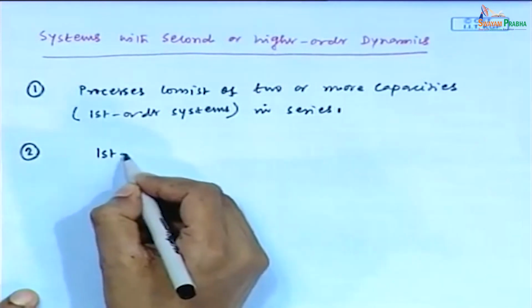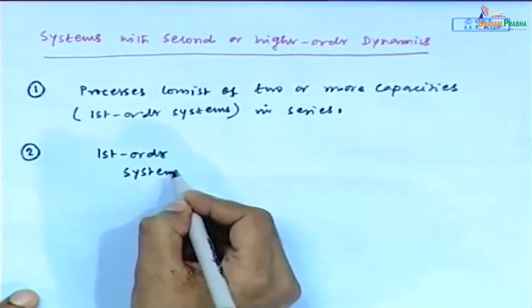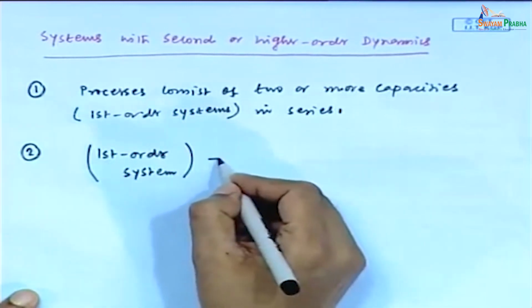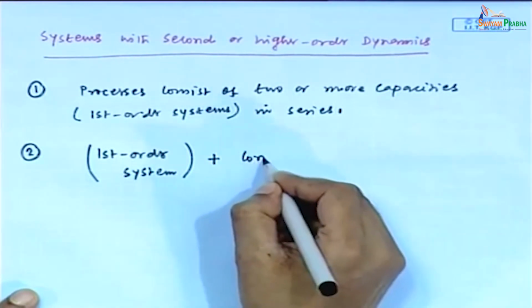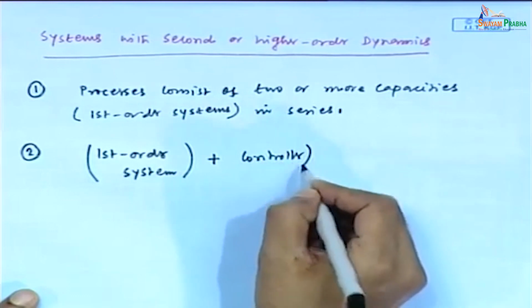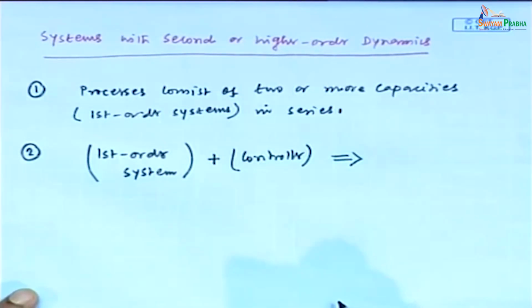Say for example, we have a first order system. If one controller is employed with this first order system, then the overall response may be second order response.